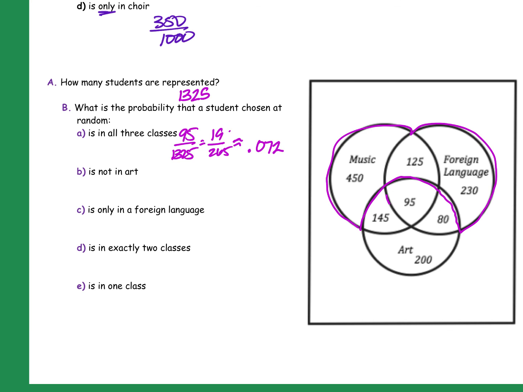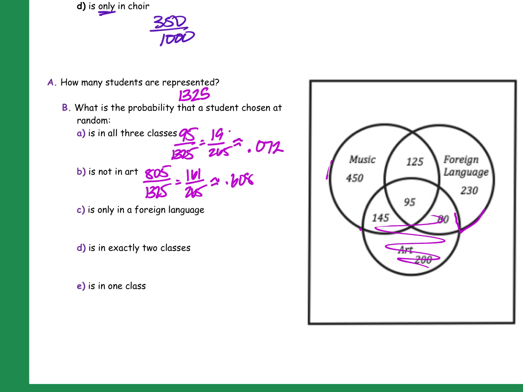I can't add any of the art students, so none of these ones. 805. Very good. 805 out of 1325. And that simplifies to 161 out of 265, which is approximately equal to 0.608.